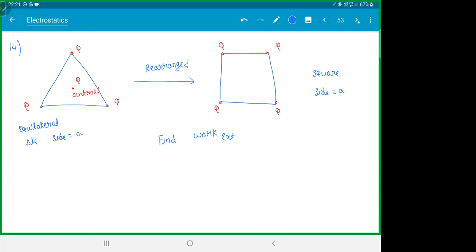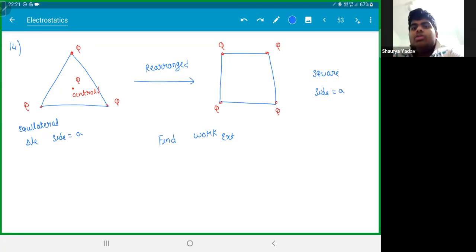I hope you remember, work done by external forces is the change in potential energy plus the change in kinetic energy. Here there is no kinetic energy. So you just need to find the potential energy of this system, the potential energy of that system, and subtract them. Get it? I'll give you 2 minutes. Try. It's a good one. The reference point we can assume anything.